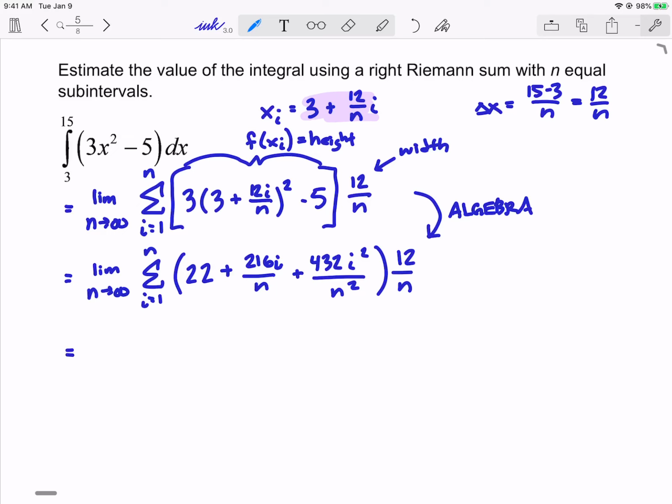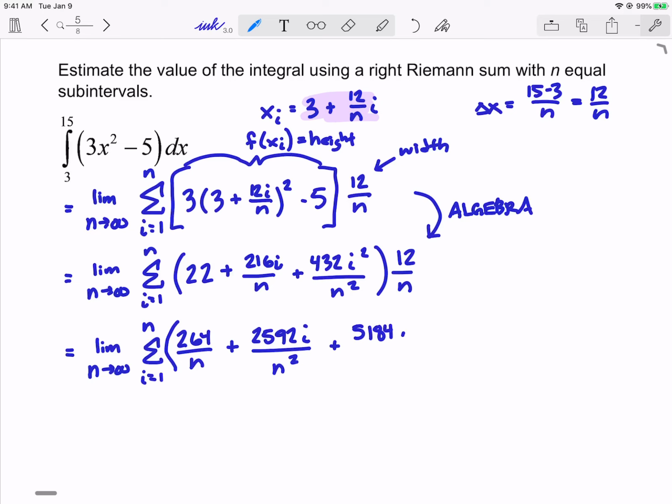I end up with the limit as n goes to infinity, the summation from i equals 1 to n of 264 over n plus 2,592i over n squared plus 5,184i squared over n cubed, and drop the mic. But we're not even close to done.